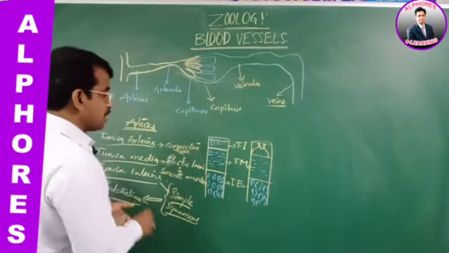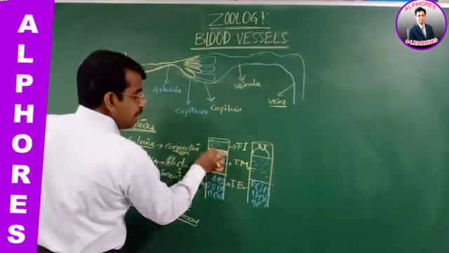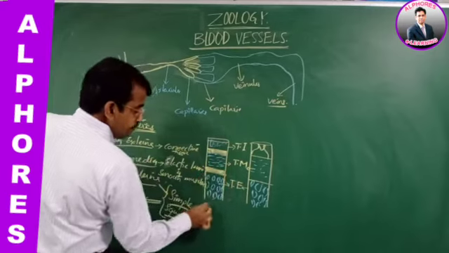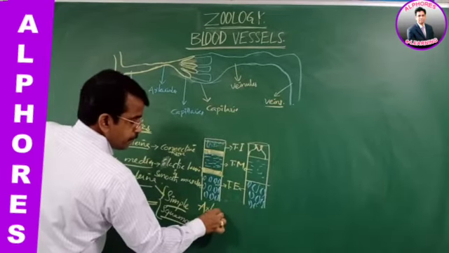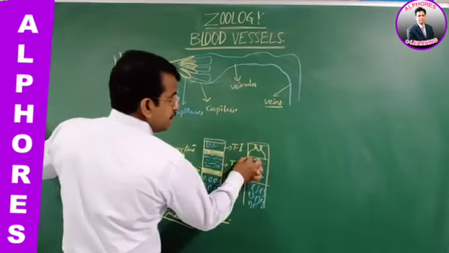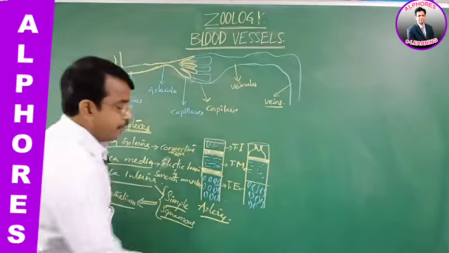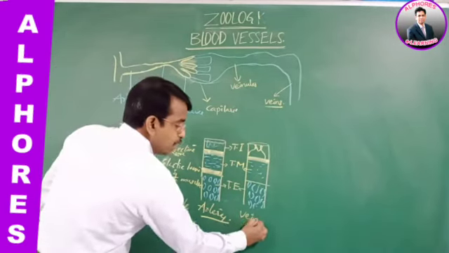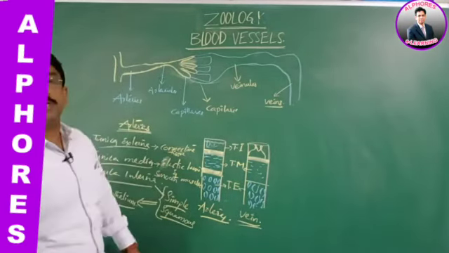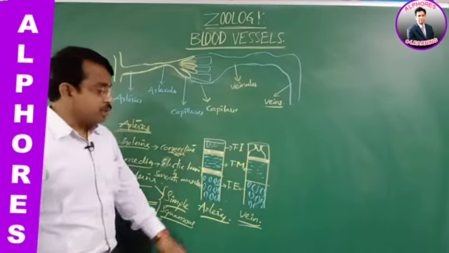In this connection, the tunica media has elastic lamina. Look here: the artery is with two elastic laminae, whereas in the case of the vein, there is only one elastic lamina in the tunica media. This is how we show the difference.